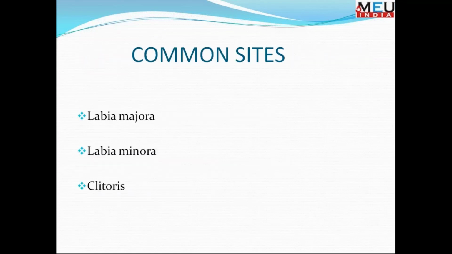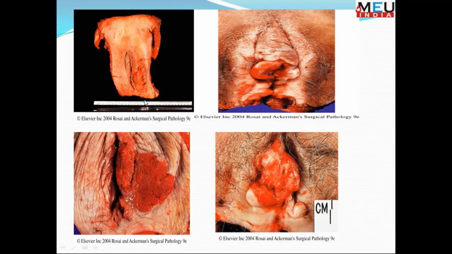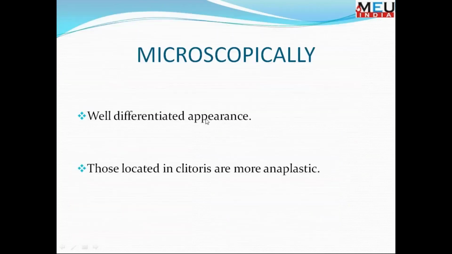The common sites are the labia majora, labia minora, and the clitoris. Basically, it appears on the side, or on the clitoris, labia majora, labia minora. Microscopically, they are well differentiated, and those located in the clitoris are more anaplastic.